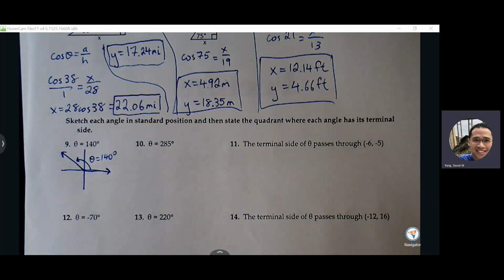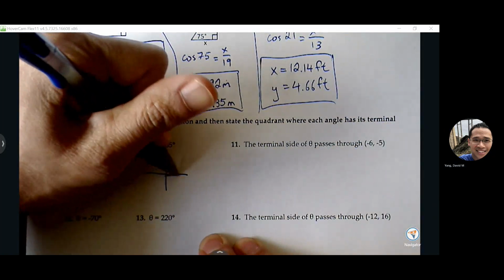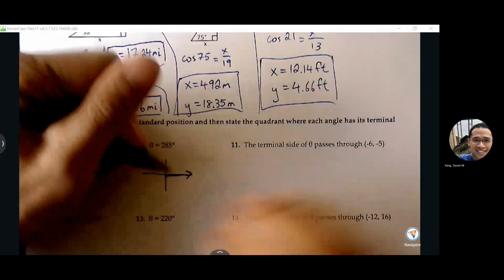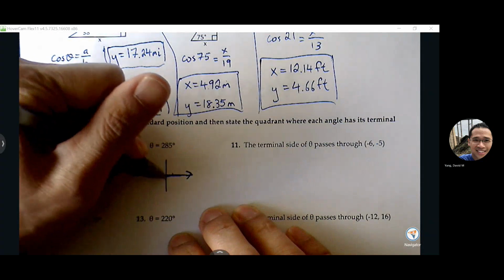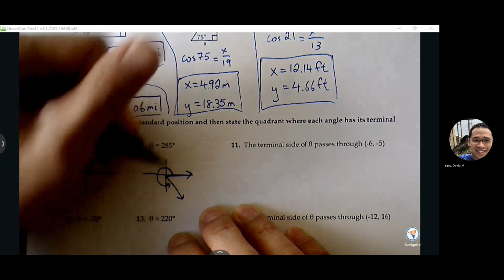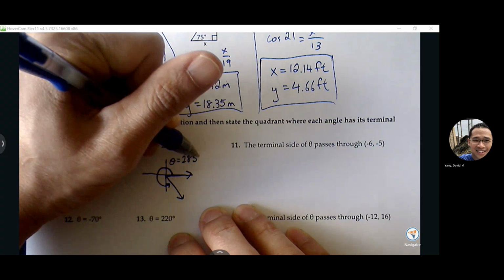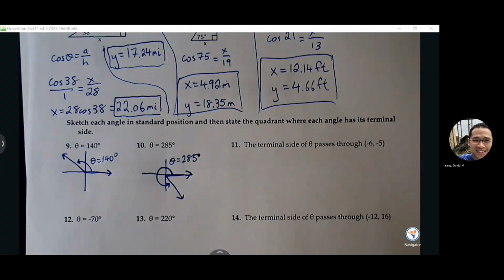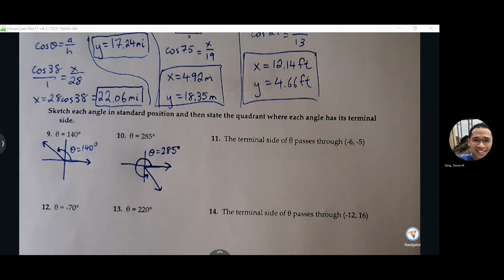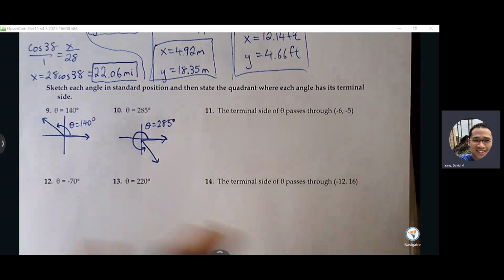Okay, what about 285? Yep, fourth quadrant. All right, 11, terminal side of theta passes through -6, -5.